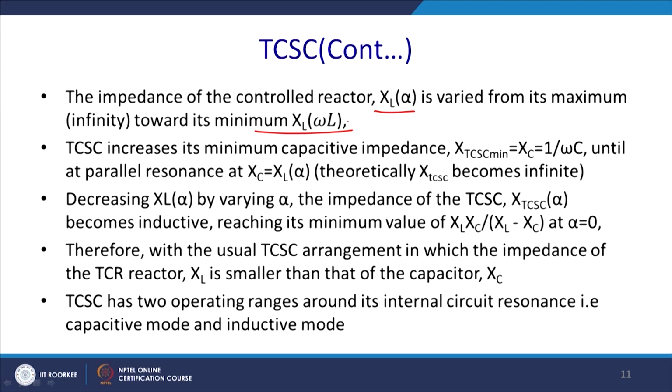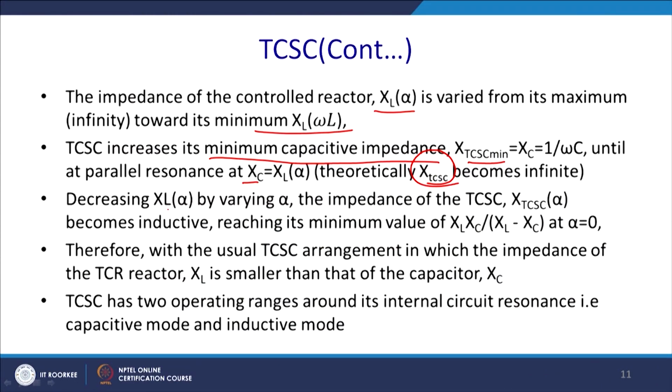The TCSC increases from its minimum capacitive impedance, that is TCSC minimum equal to XC equal to 1 by omega C, until the parallel resonance at XC equal to XL(alpha), and theoretically it becomes infinite. So, thus it can offer a huge impedance.